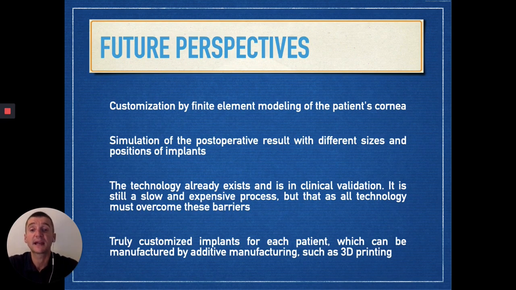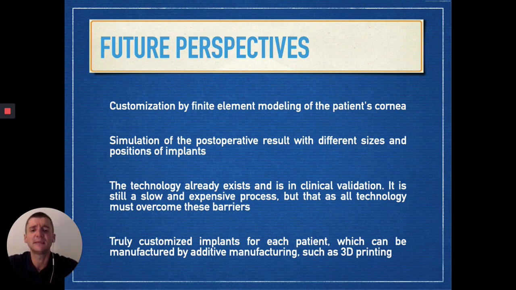And what I believe we'll see in the future: I believe that customization by finite element modeling of the patient's cornea and the simulation of postoperative results with different sizes and positions of implants may help us a lot. The technology already exists and is in clinical validation. It is still a slow and expensive process, but as with any other technology, it must overcome these barriers.